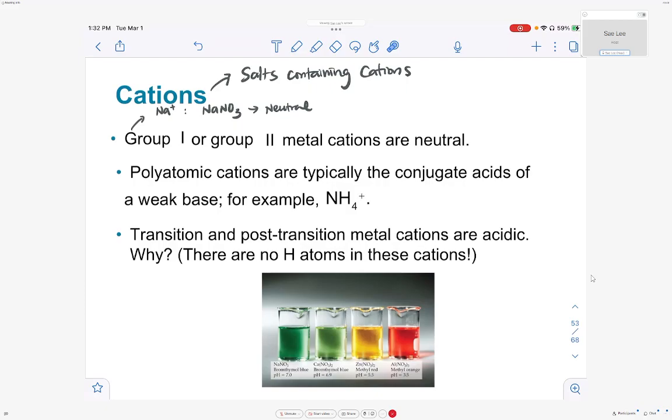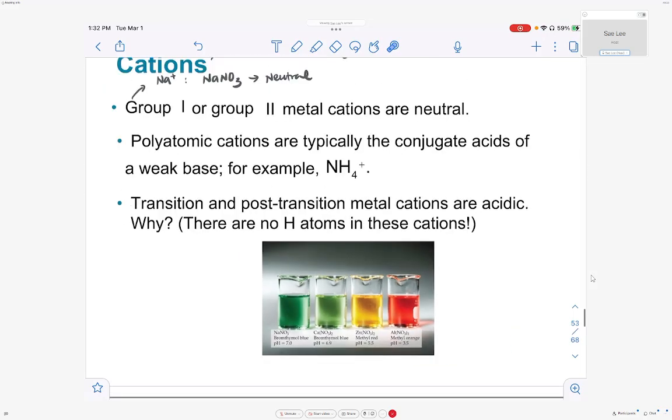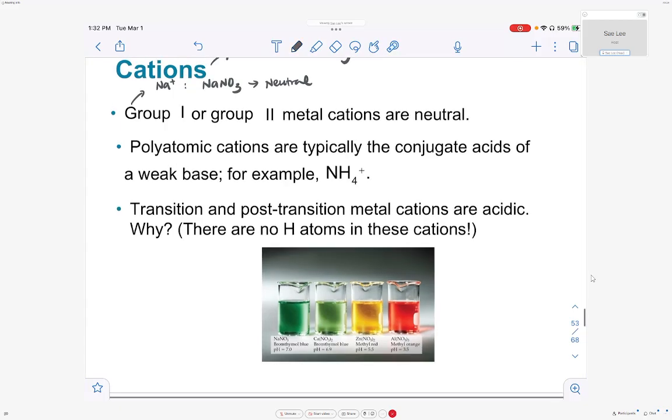So as you can see here, sodium nitrate has a pH of 7. It is neutral when it's dissolved in water. Okay. Also, calcium is a group 2 metal.